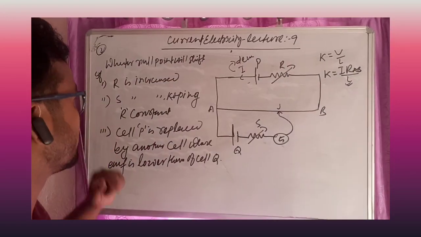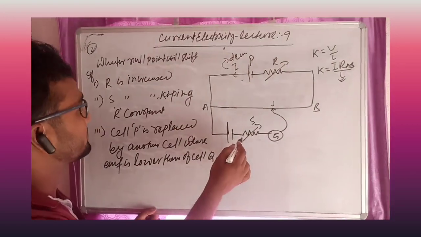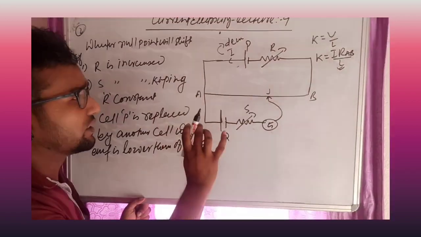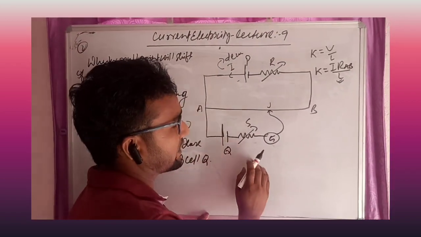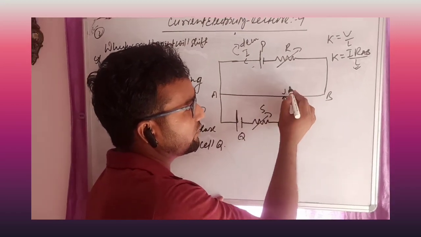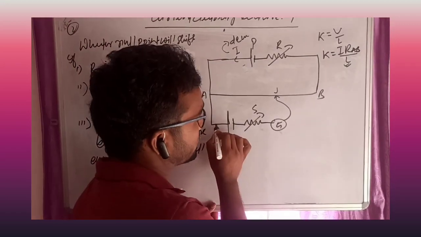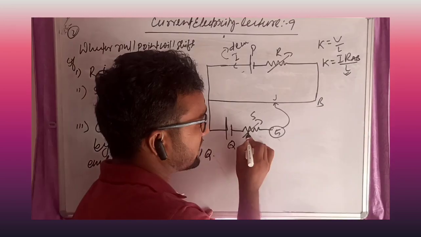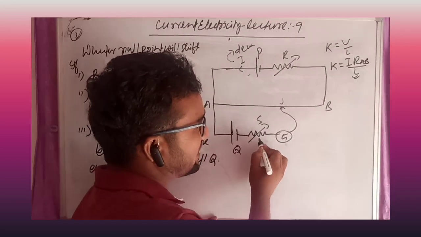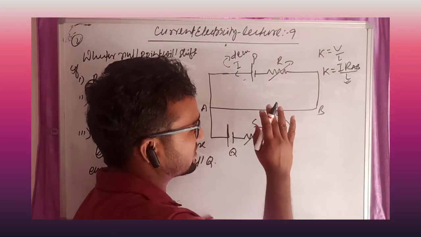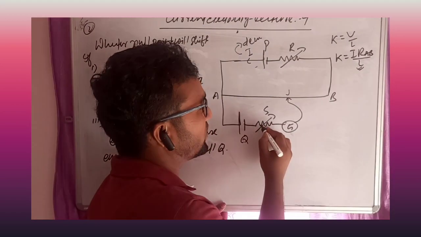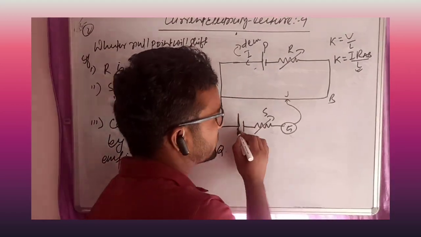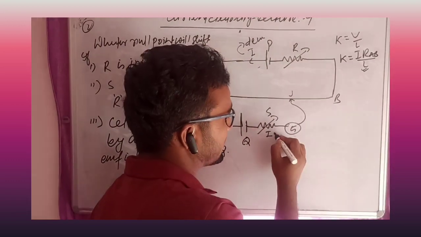Now second option, when S is increased, keeping R constant, then whether null point will shift. First of all, at the null point, when we obtain the null point, there is no flow of current through this cell. So when we increase S, keeping all things constant, there will not be any effect on the null point, because there is no current flowing through this circuit.